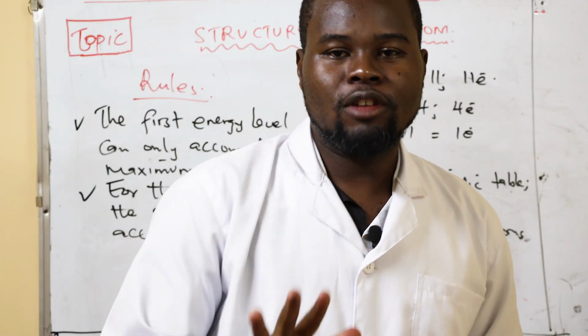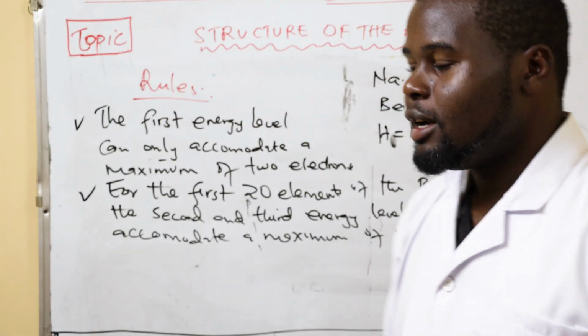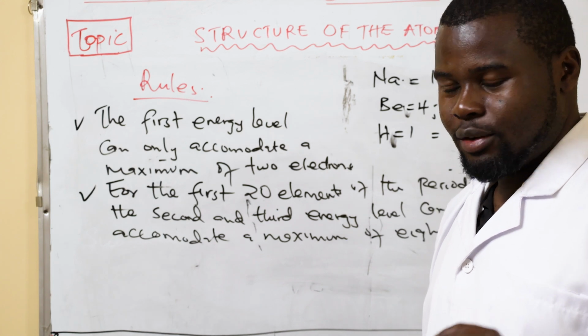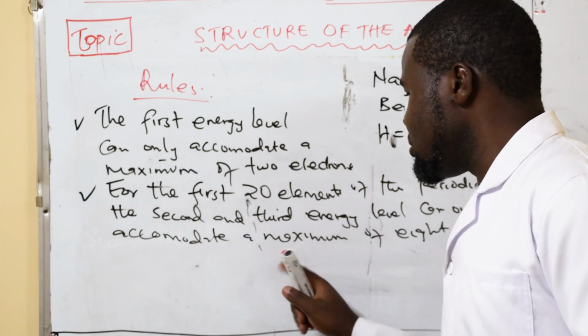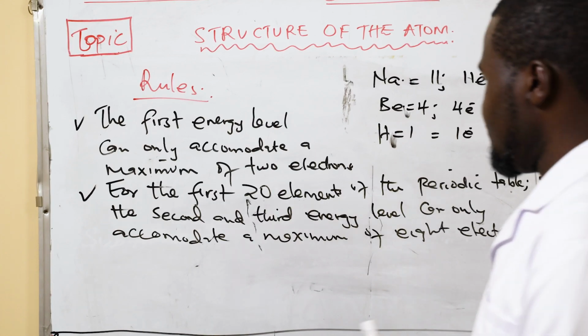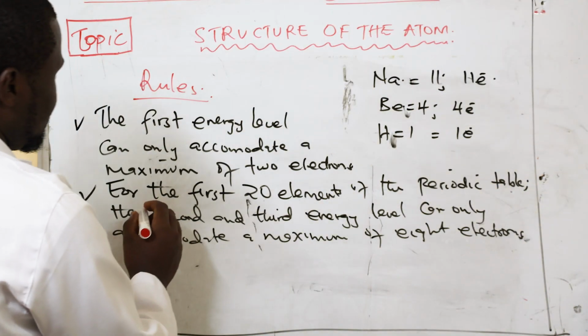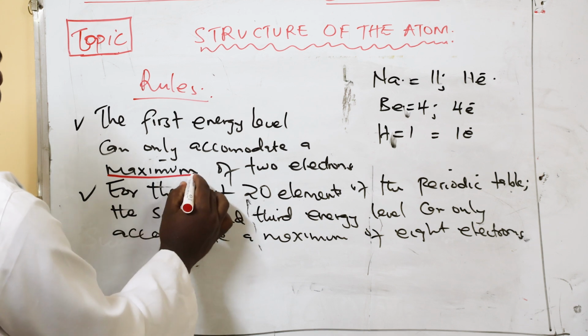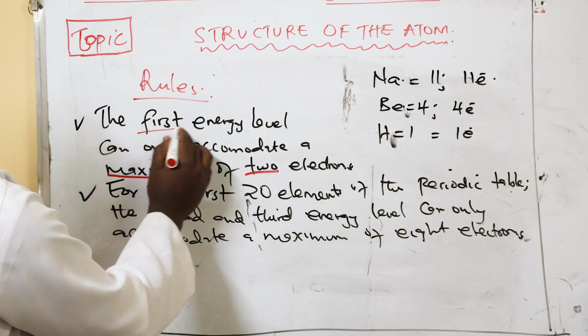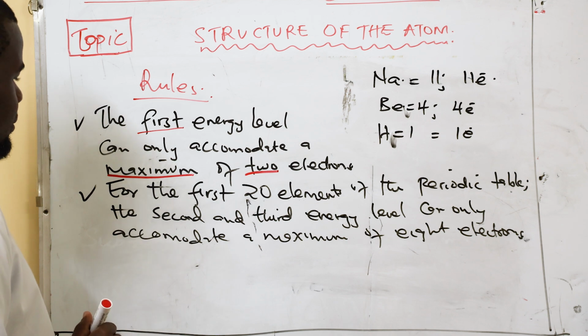For the case of the first 20 elements, the second and the third energy level can accommodate a maximum of 8 electrons. What is important here? We are talking about maximum number, and we are talking about specific energy level.